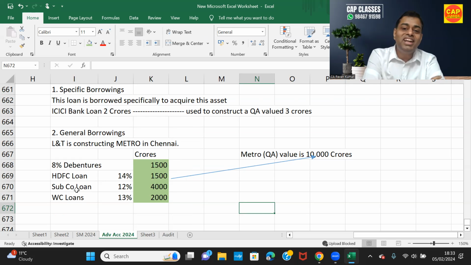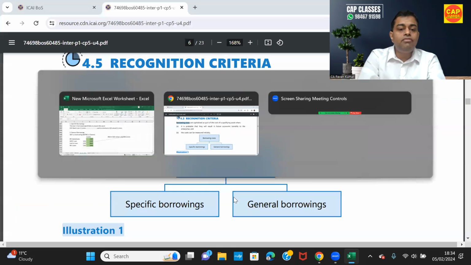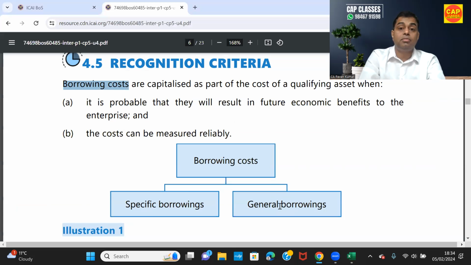Can I gamble with that money? Yes. Can I buy a laptop? Yes. Can I buy a car? Yes. That is a general loan. You can do anything with that. So all these loans, in general, they borrowed and they're using for this particular asset. This is called general borrowings. So loans are of two types: specific borrowings and general borrowings.